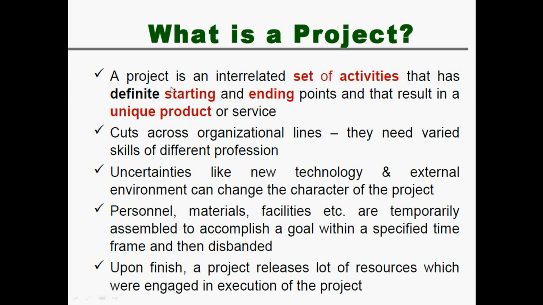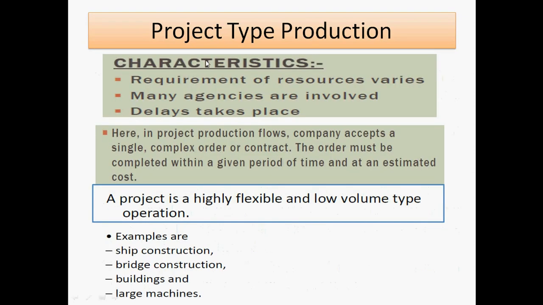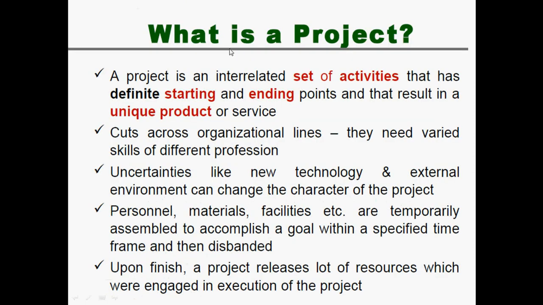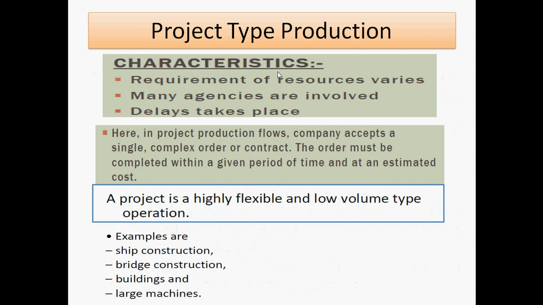Actually, a project is nothing but an interrelated set of activities, because this is an important part of project type production. So what is a project actually? It is a set of activities that starts from a starting point to an end point, and the result will be a unique product, but there is no time limit here. That is why it is called project type production.